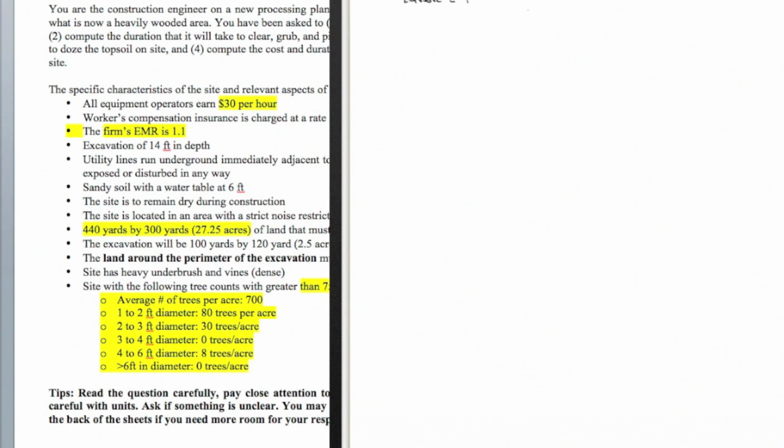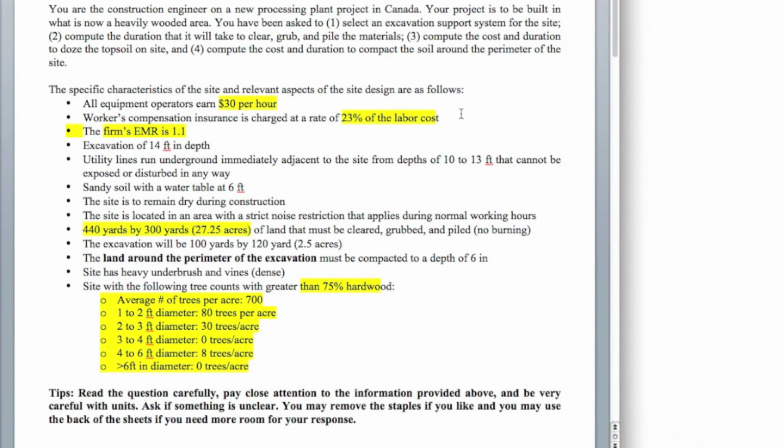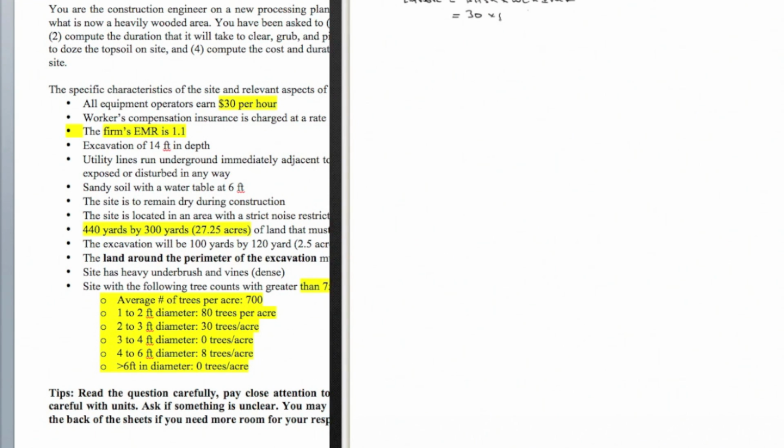If you remember, labor is equal to the base rate, and then we have to add workers' comp, and we have to add this EMR factor for their safety record. So this is equal to 30, which was the base rate, times 1.23, since it's increased by 23% of the labor costs, and their EMR from right here is 1.1.